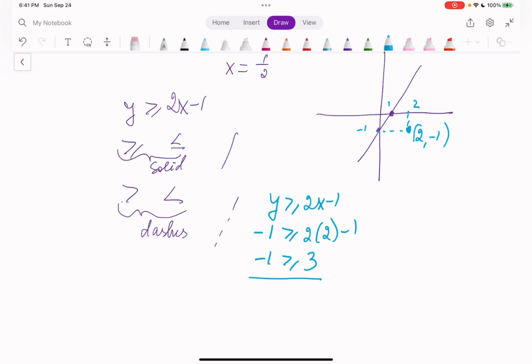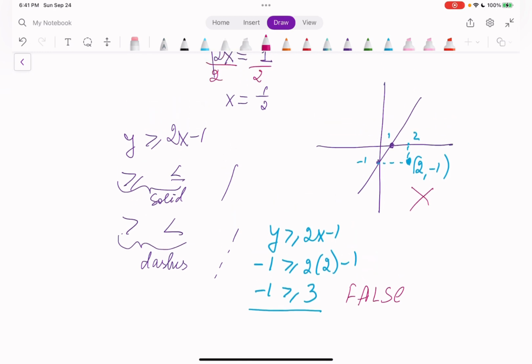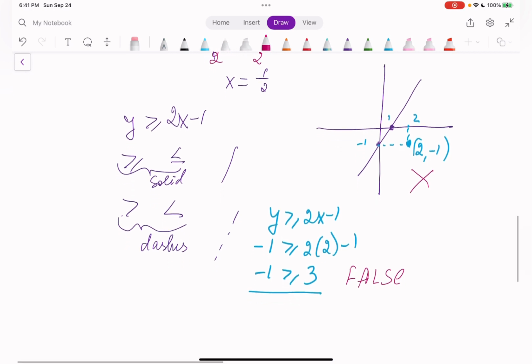No, this is false. Which means this side to the right cannot work, because the solution can be all numbers to the left or all numbers to the right, and the graph itself is like a border. I took a number on the right side, and it says it's wrong. It doesn't satisfy.